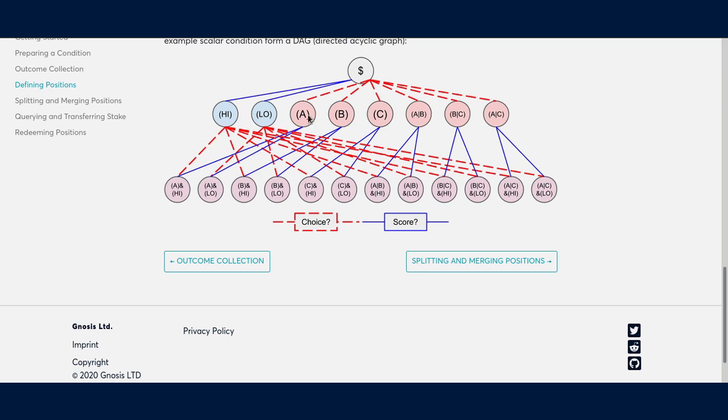Finally, we specify an index set that represents the index set for only the outcome slot high. So we might end up with a position that you can colloquially call A and high. It is the position that pays out in token T1 if both A occurs and high occurs.